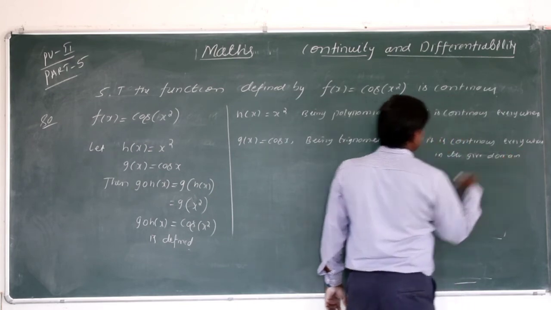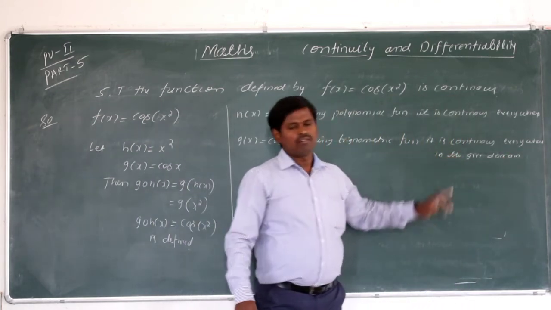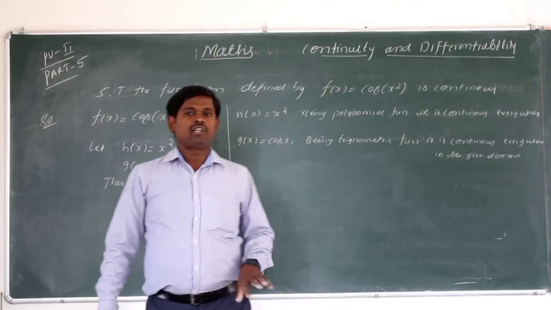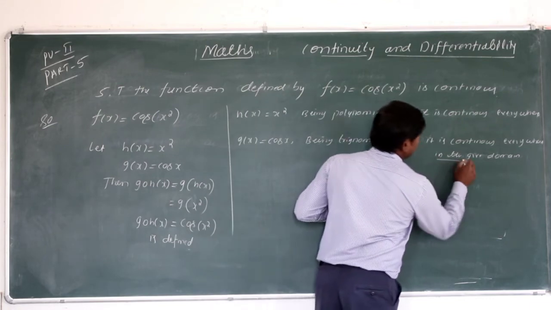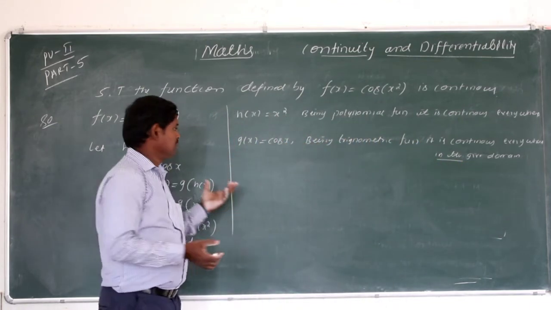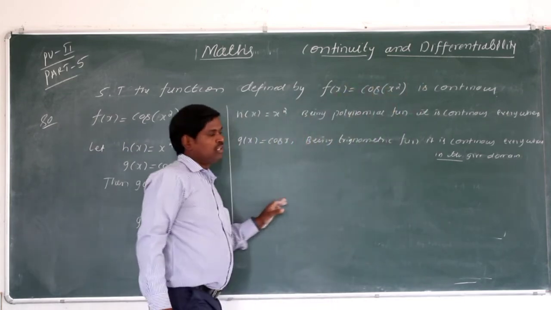Particularly, we mention the given interval for tan x, cot x, secant x and cosecant x. So no need to write in the given interval here, because it is continuous everywhere. So g of x equal to cos x, being a trigonometric function, is continuous everywhere. No need to write this one.